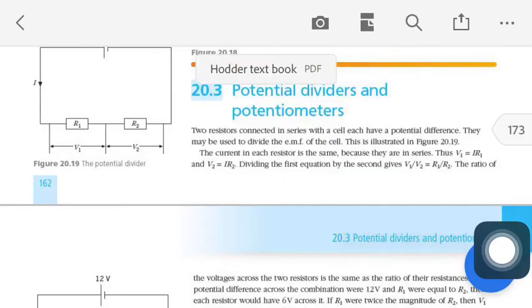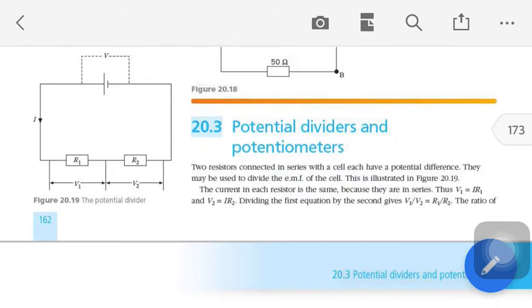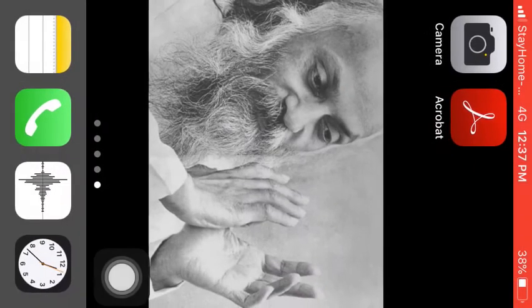So the basic idea of a potential divider is basically very simple. Now let's say you have a battery of 12 volts.